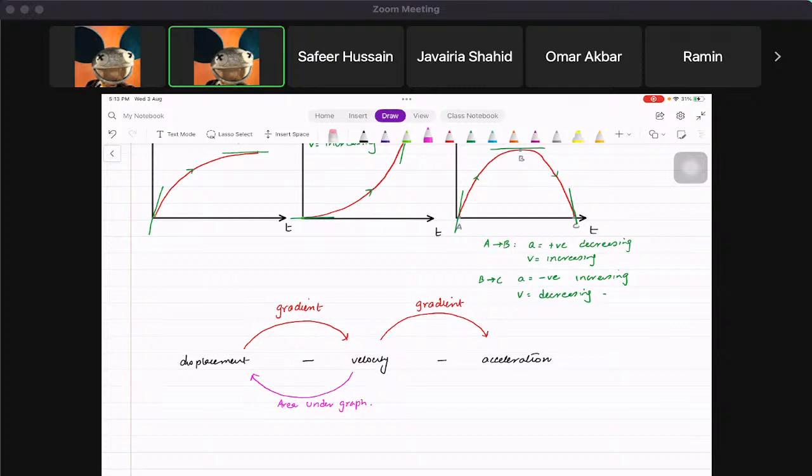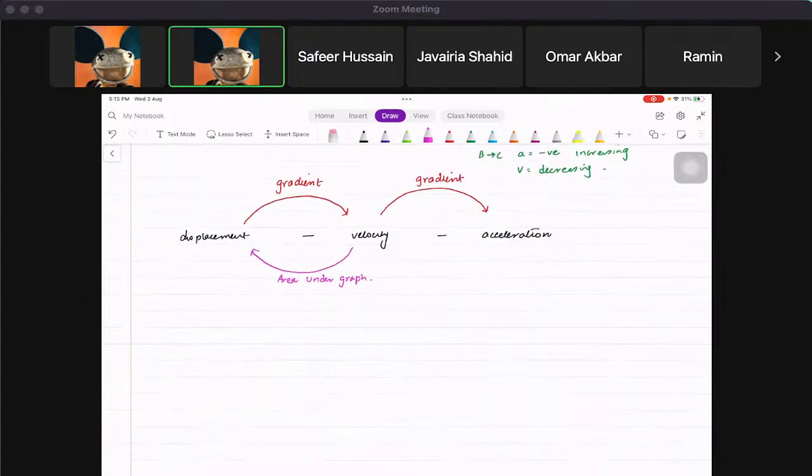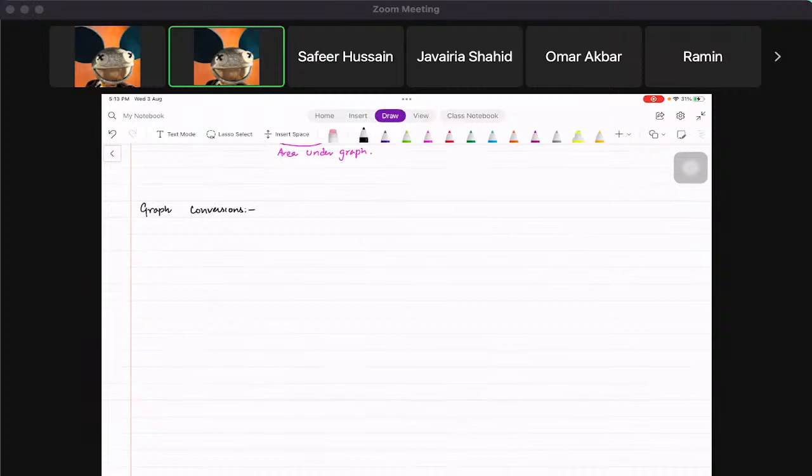Now, keeping this in mind, we must learn about the graph conversions, and this is one of the tough parts that I believe you should be aware of. So just give me like 1 minute, let me just draw a couple of graphs. And then we're going to discuss them.